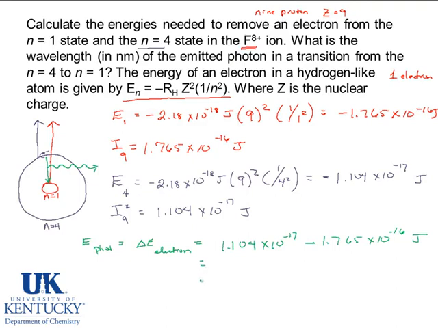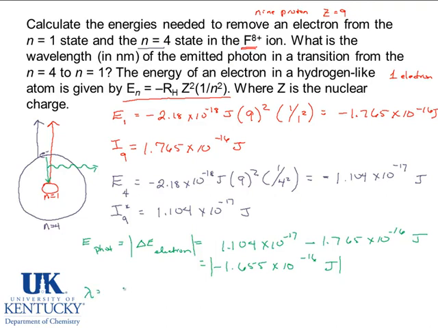And that's going to be equal to a negative 1.655 times 10 to the minus 16. And that's going to be the change in energy of the electron. If we take the absolute value of that, that's what's going to give us the energy of the photon. But what it wants to know is the wavelength of that light, of that photon.